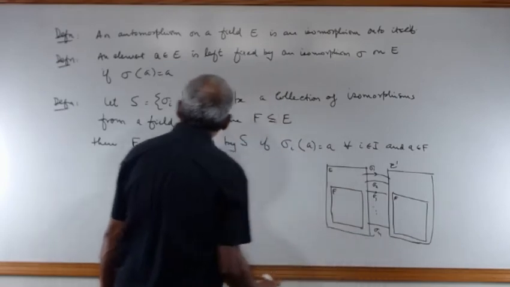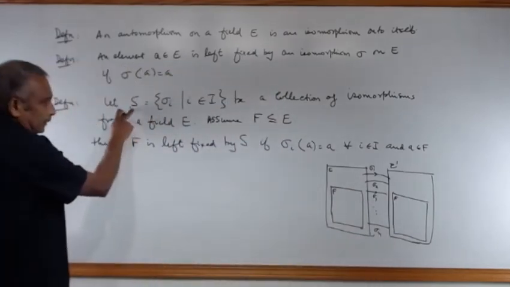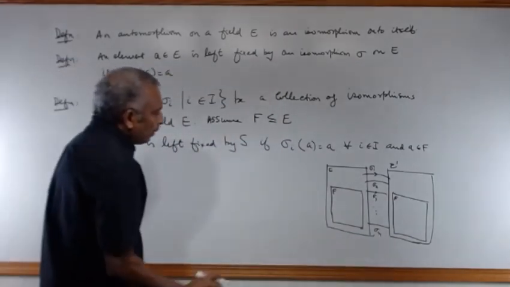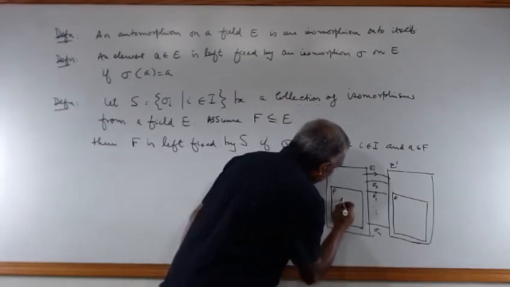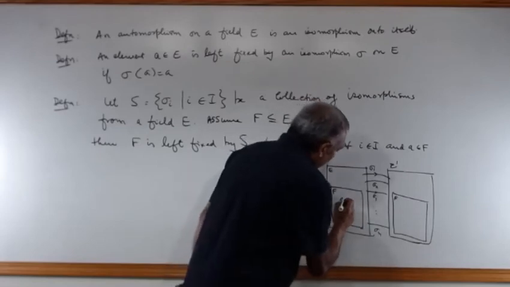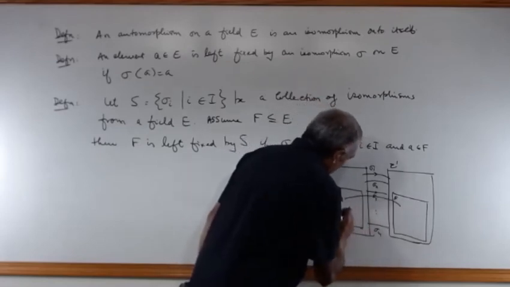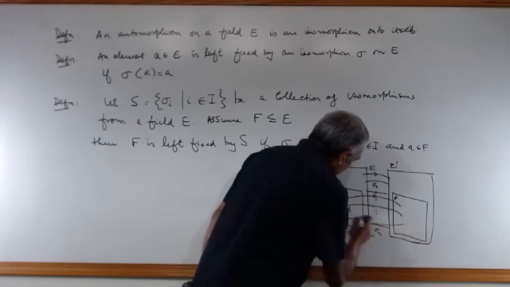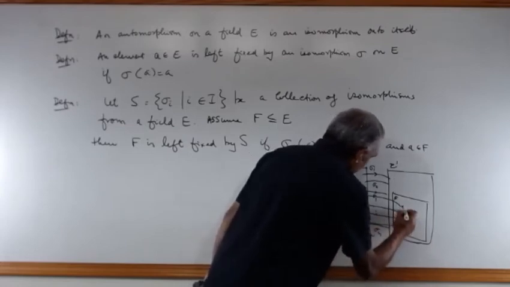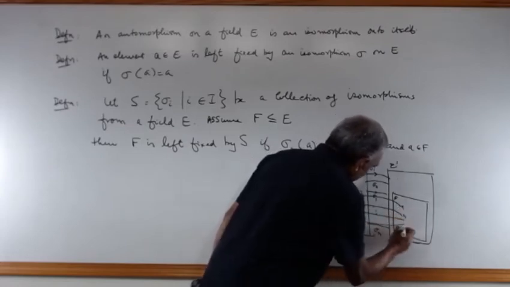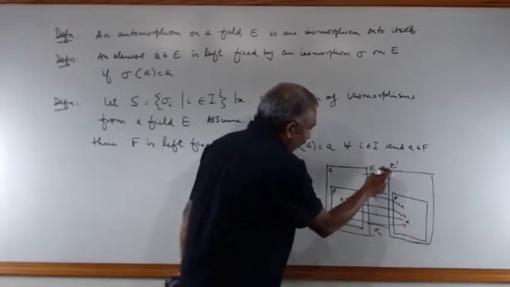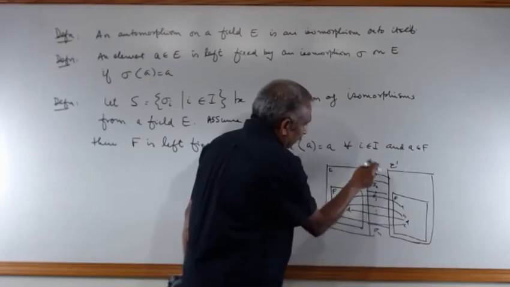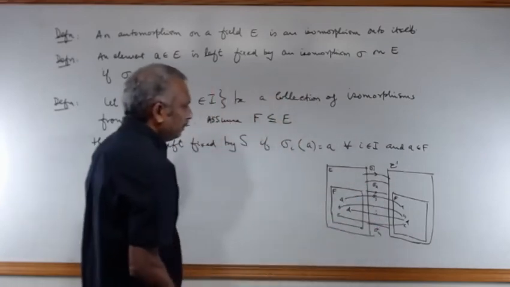These are all coming from S. For each element of F, a, b, c, d, these are all mapped to the same element here by all of these isomorphisms.